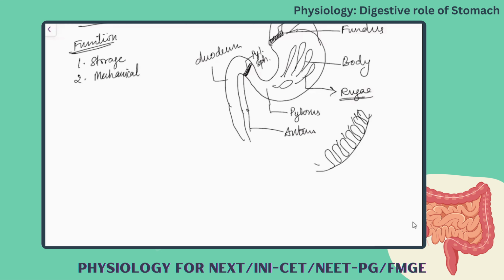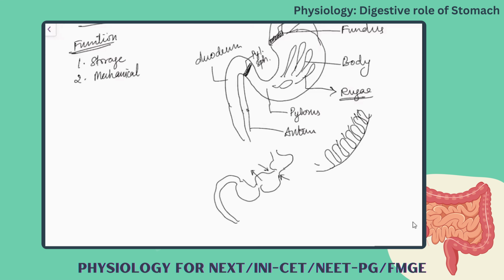mechanical movement. In mechanical movement, the stomach will do movements like this. This is a part of the stomach. First this part will contract, this part will enlarge, then this part will contract, this part will enlarge, then the next part will contract and enlarge.